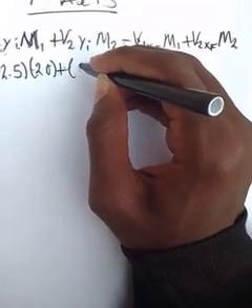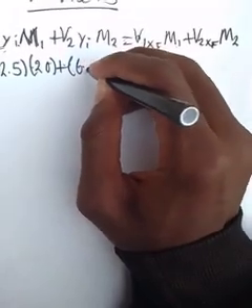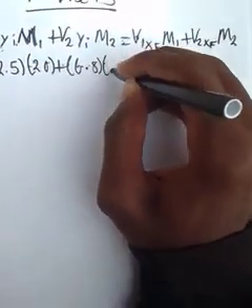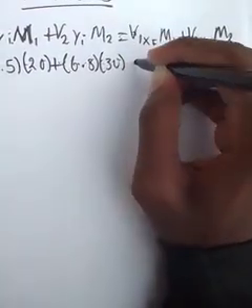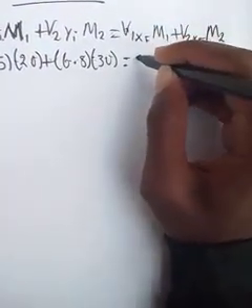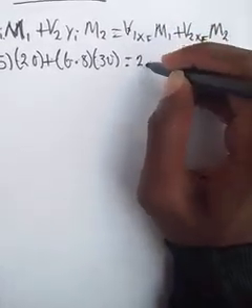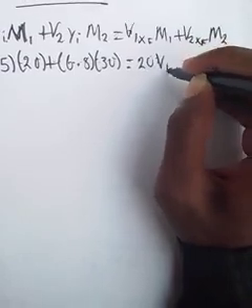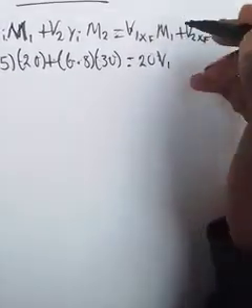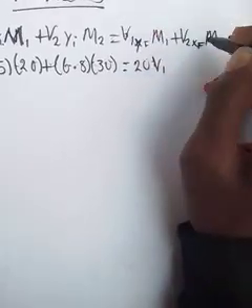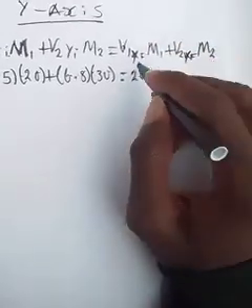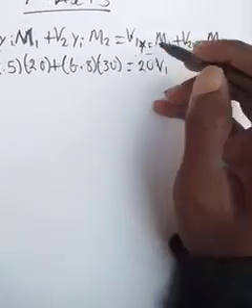It is 6.8 times the mass, which is 30, right? And here it is going to be 20. So the mass is 20, right? So we are going to say 20 v1. My bad. Did I just write x again? Should be y. Sorry. Yeah, should be y. Okay.